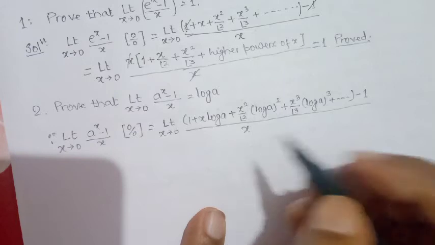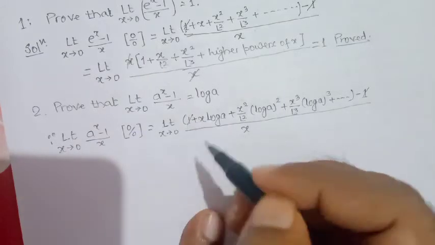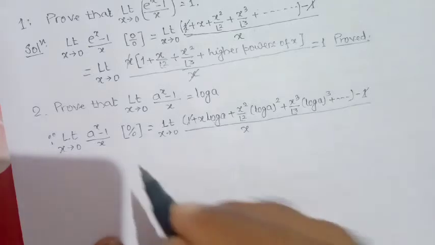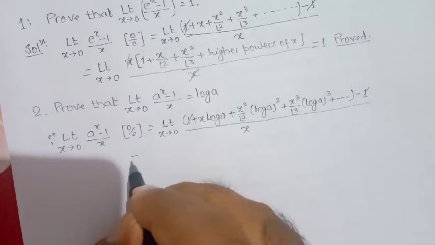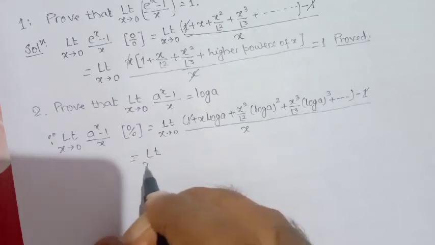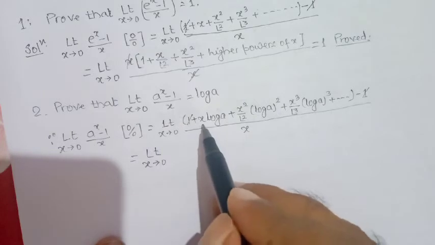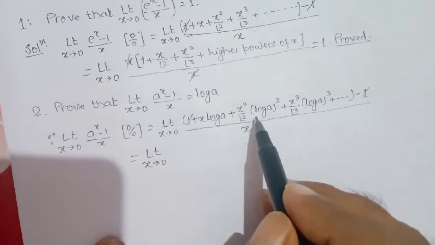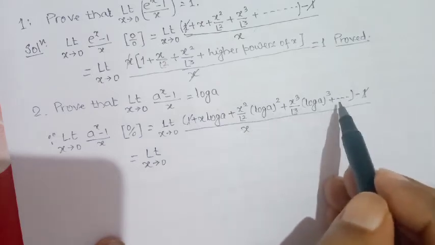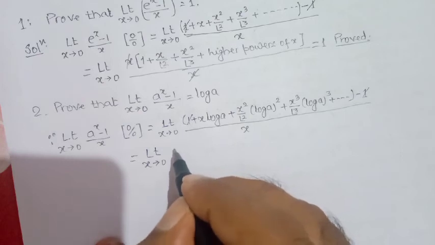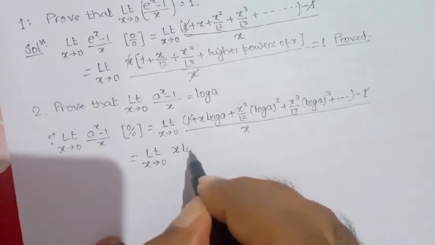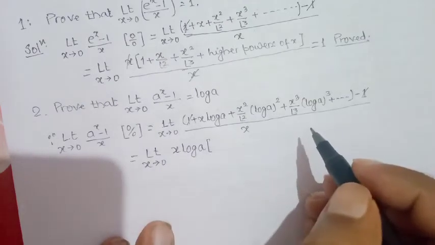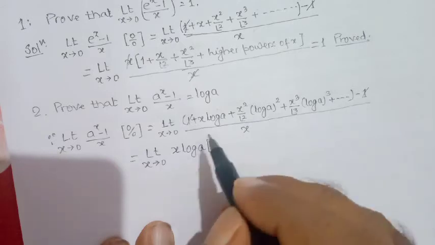Again, plus and minus 1 should cancel. How much is left? Limit x tends to 0. In each term, x log a should be taken as common. So take out x log a from each term. Then see what is left. This becomes 1.